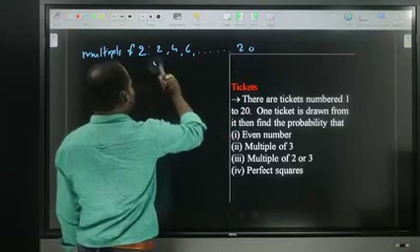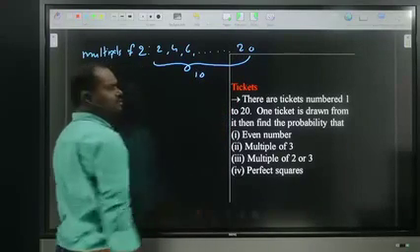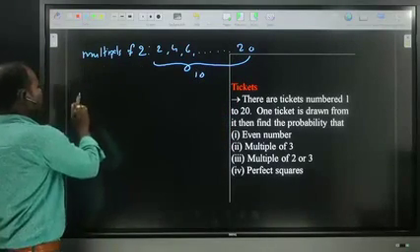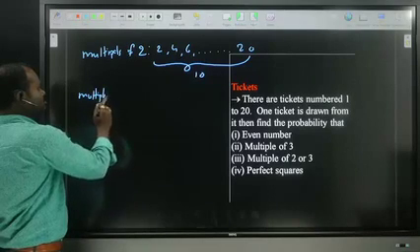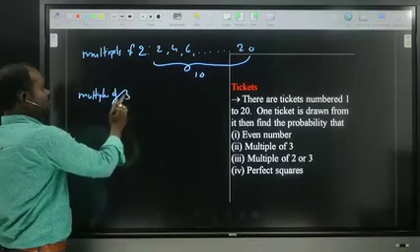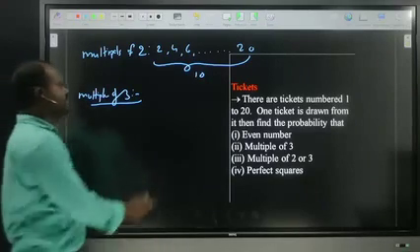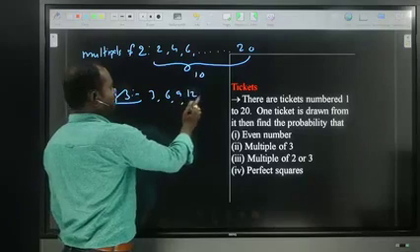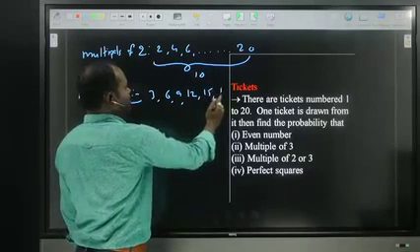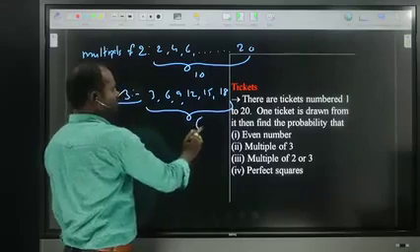How many will be there? 10. Now multiples of 3: the 3 table numbers like 3, 6, 9, 12, 15, 18. How many are there? 6.